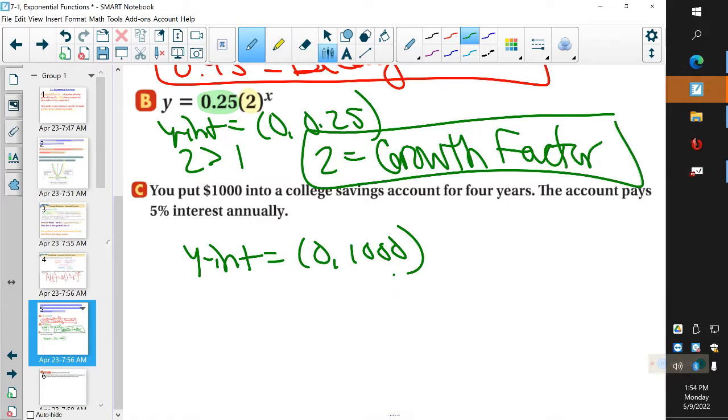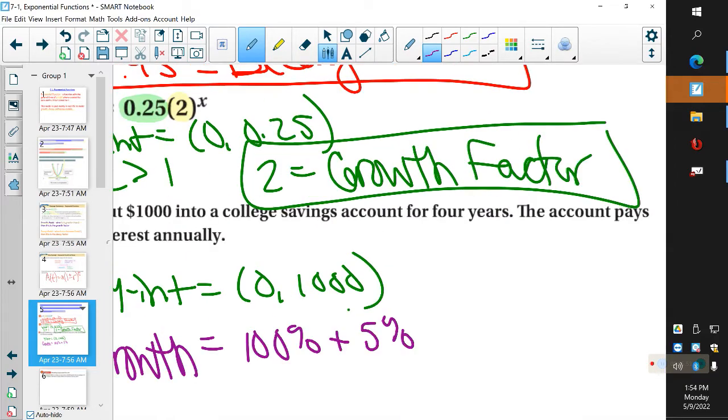Am I growing or am I decaying? Your money is growing, so I need to know what my growth rate is. So how do I find my growth rate? My growth factor is going to be 100% of the money that I put in plus 5% annually to give me a total of what?